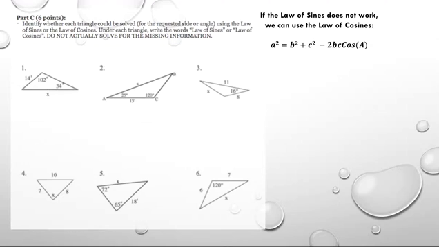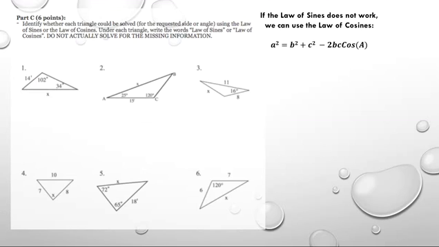If the law of sines does not work, we can often use the law of cosines, which is a squared equals b squared plus c squared minus 2 times b times c times the cosine of A. Now, this can be rewritten to solve for any side, whether it be a, b, or c, or any angle, whether it be angle A, B, or C. And we just need to make sure that the outsides, a squared and cosine of A, match.